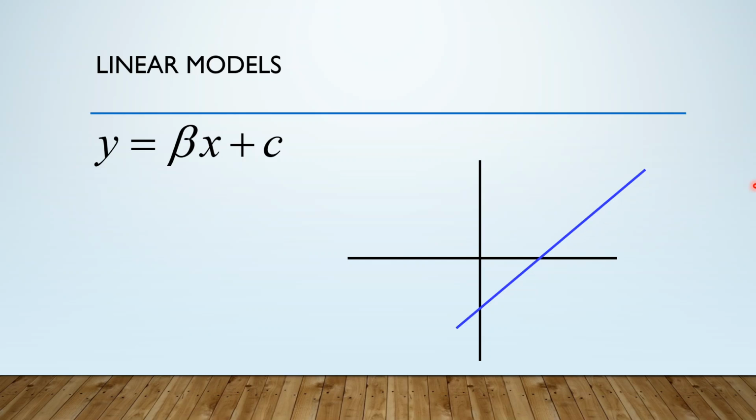Now, what is the meaning of beta? Beta is this, that is the slope. What is c? c is the y-intercept, that is where this blue line touches the y-axis.